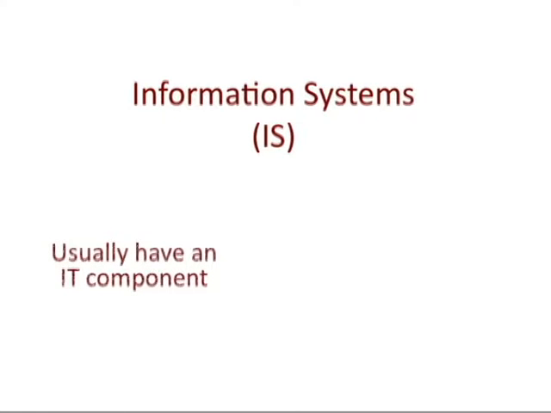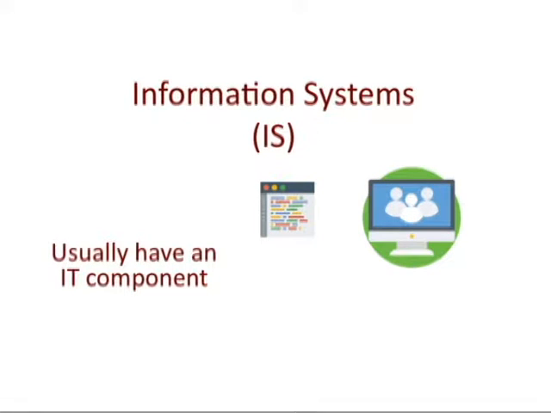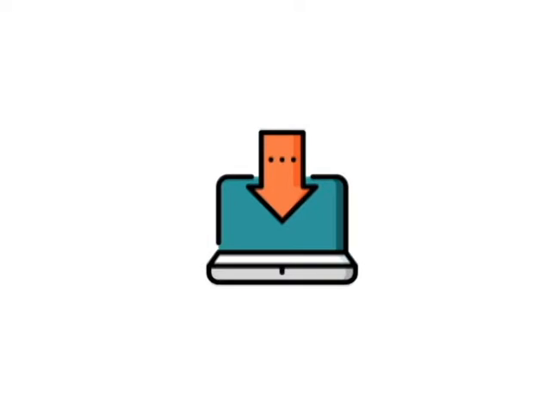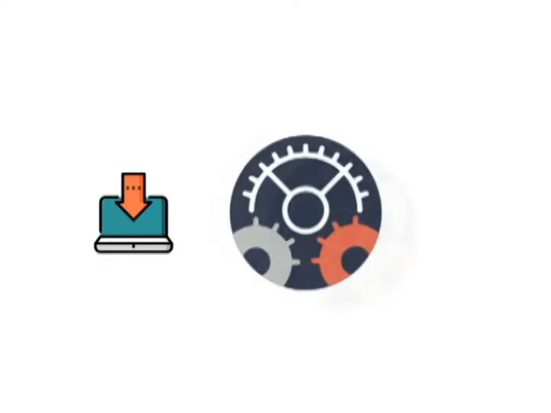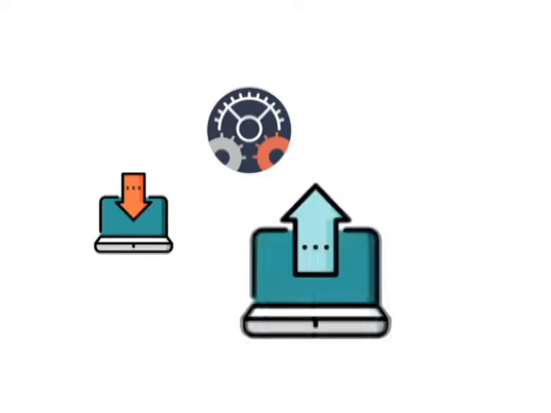Information systems usually have an IT component, an information technology component, like a program, a computer, or communications equipment of some sort, to input, process, output, and store information.